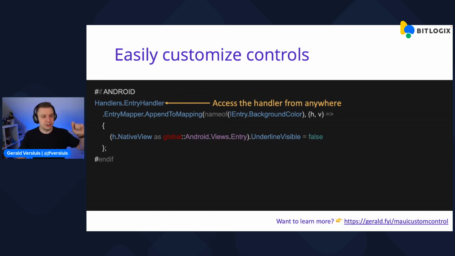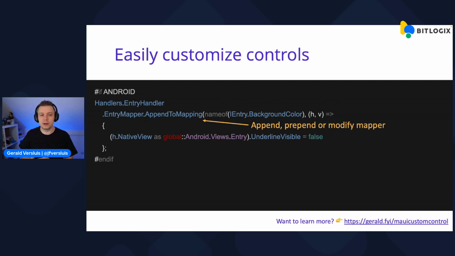So you can just say handlers, entry handler, you can go into the mapper, and then you can say append to mapping, you can say prepend to mapping, or you can say modify mapping. Now, the difference here, you're probably going to use append to mapping most of the time, because that means all of the .NET Maui mappings are going to run first, and the mappers are kind of like our thing to map the abstract property to whatever that's supposed to be on the platform, right?